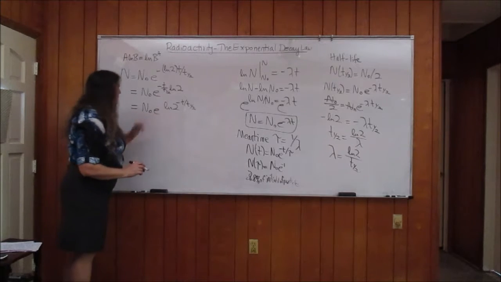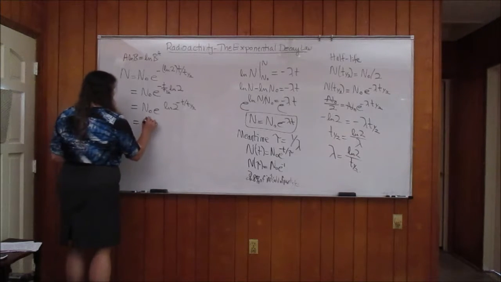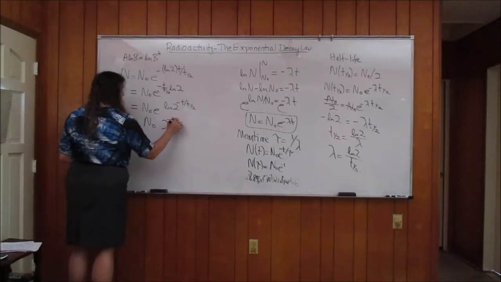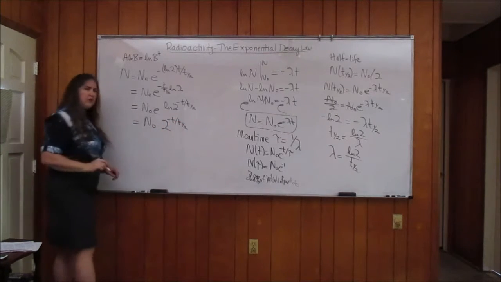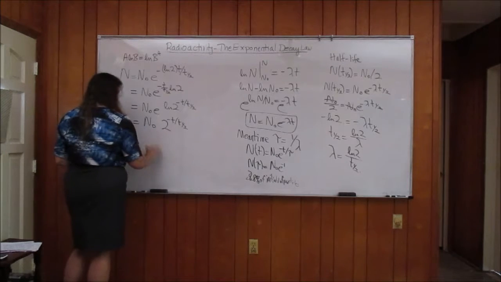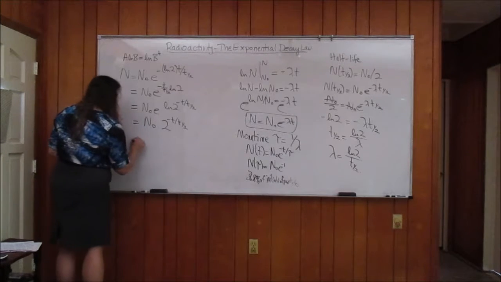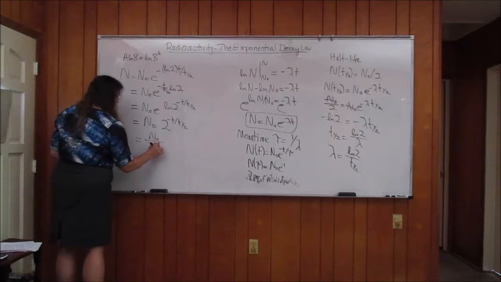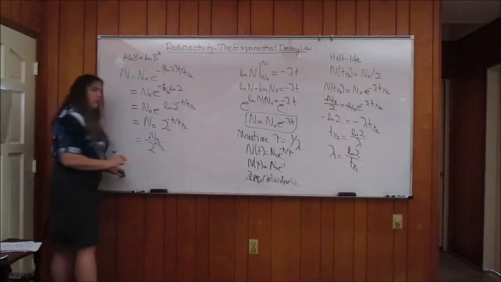Now, exponential of a natural log, this just becomes N naught times 2 to the minus t over t 1/2. And writing it a little differently, N naught over 2 to the t over t 1/2.